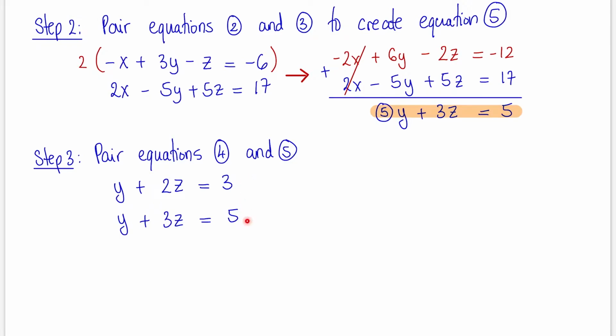To solve for y and z, I can use either the substitution method or the addition method. In this case, I am going to use the addition method. I want to eliminate y. This coefficient is 1 and this coefficient is also 1. I want them to be opposite, so I'm going to multiply the fourth equation by negative 1 on both sides.